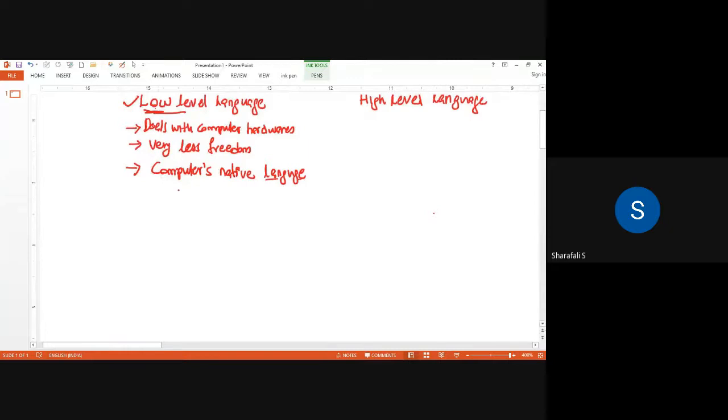This low-level language can be classified into two again. One is called machine language, and the second one is called assembly language.